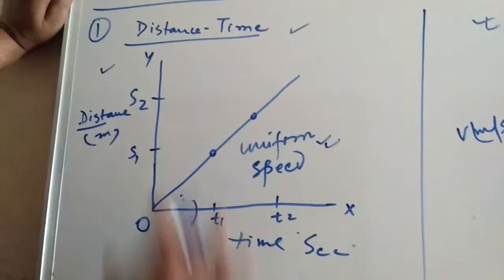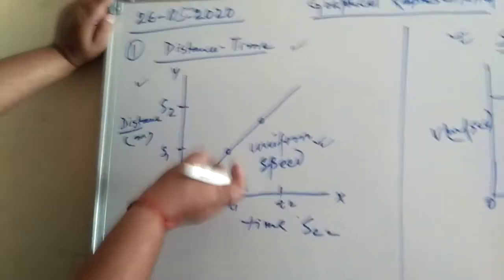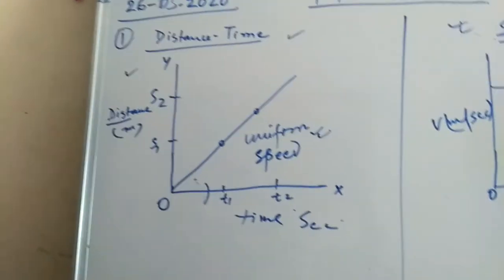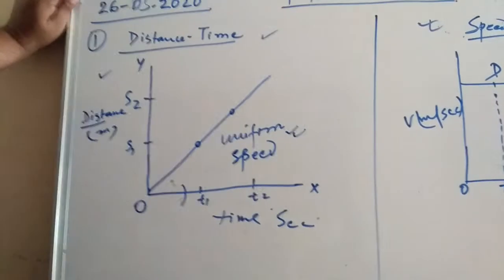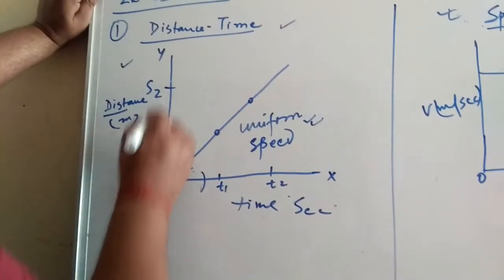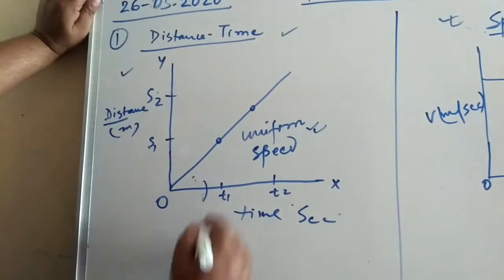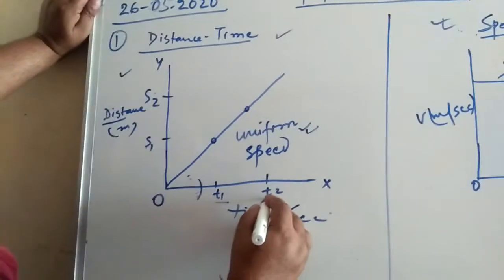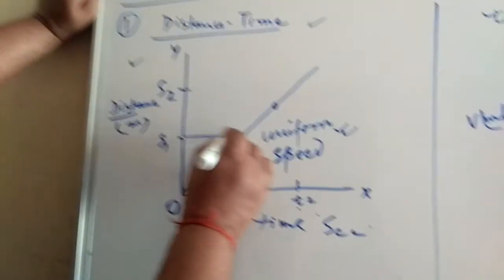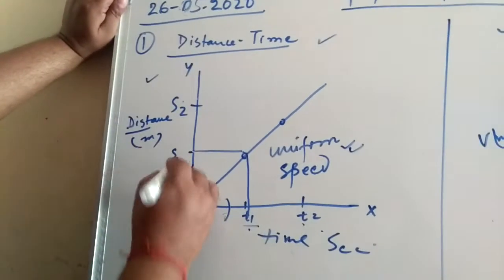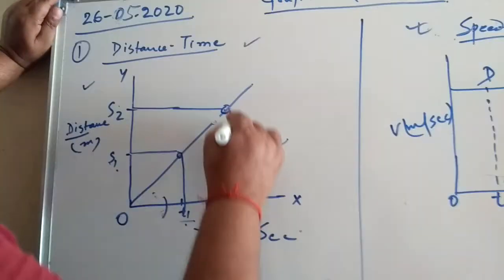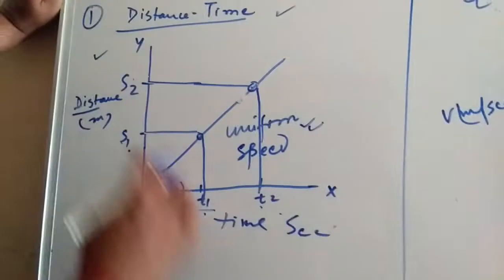How can we collect the information of distance and time and calculate the velocity? Here we see there is one point s1 and another s2, with time t1 and time t2. At time t1 the distance traveled is s1, and at time t2 the distance traveled is s2.